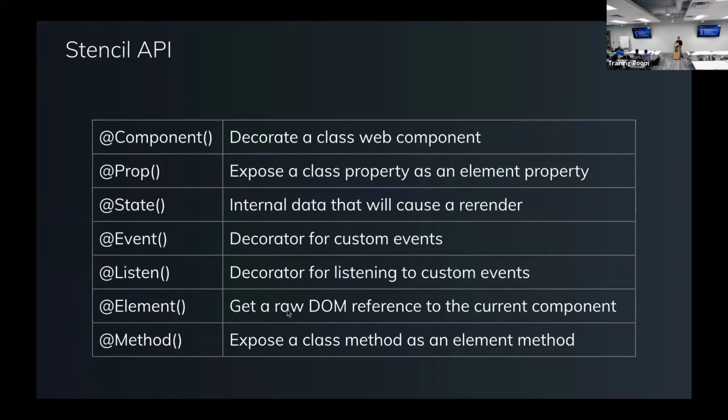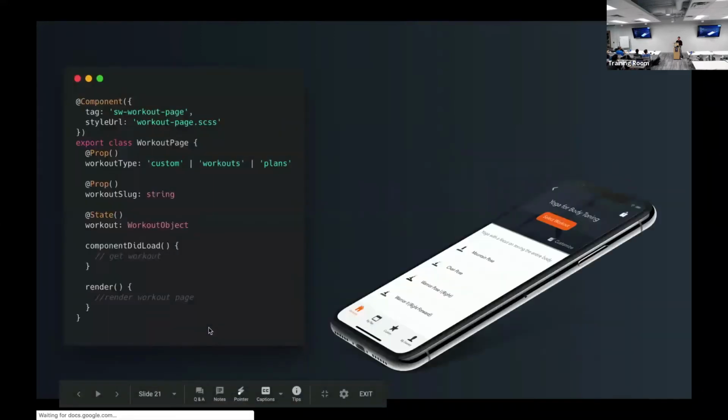I've only used this in a couple places when I'm using libraries like Stripe, or if I need to mount something to the element itself, but most of the time I don't need this. And then method is kind of like a prop, but it's a method that can be called from outside the component. So if another component wanted to find it on the page and then call an update method or get a value from it, you can use the method decorator.